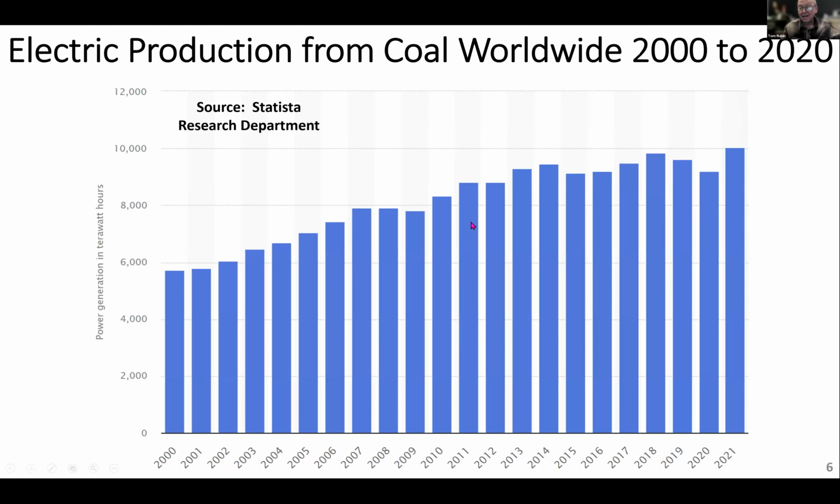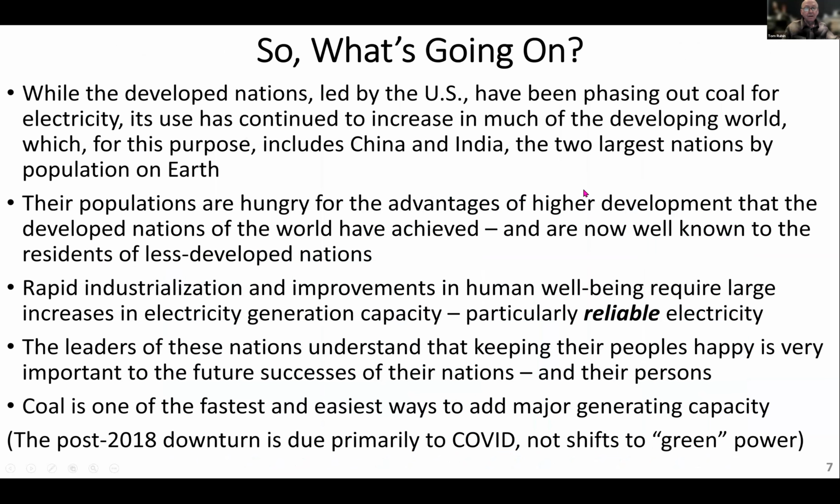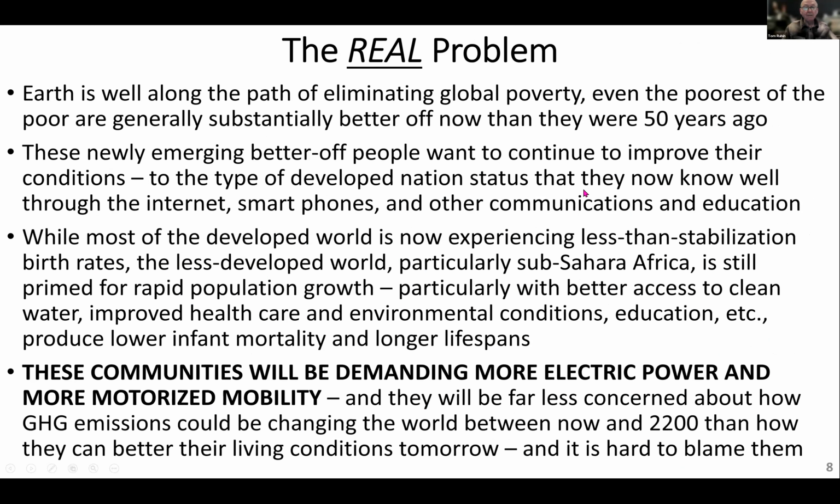By the way, up at the very end here, there's a reduction. That's due more to COVID than anything else. Now, the real problem we have along the way, as I mentioned, is the elimination of global poverty. And so we are going to see these communities demanding more electric power and more motorized mobility.